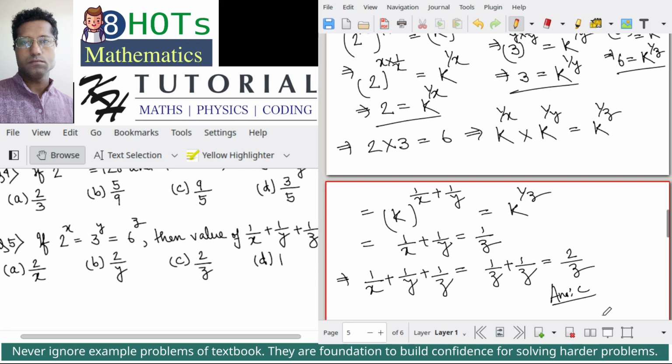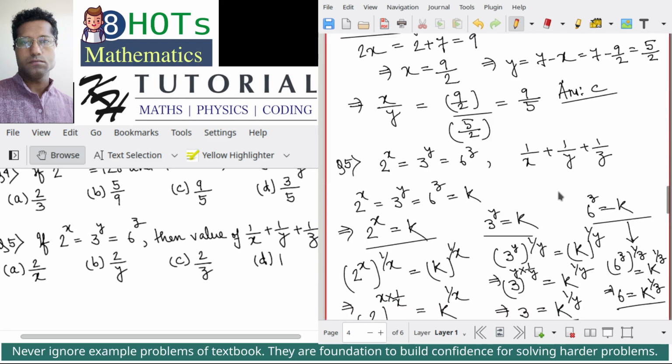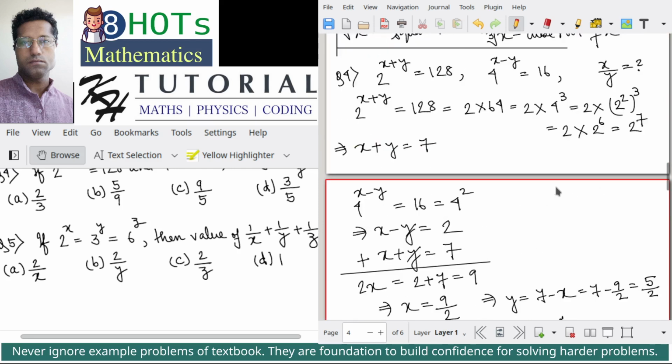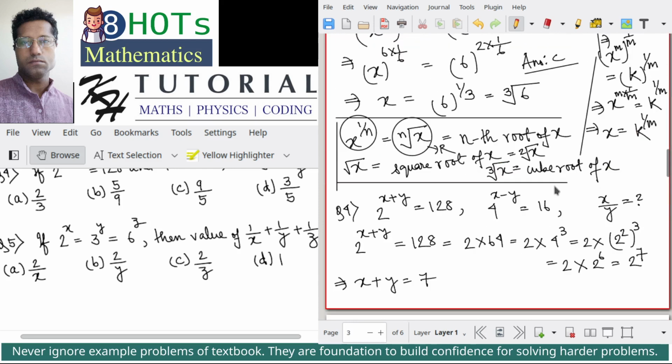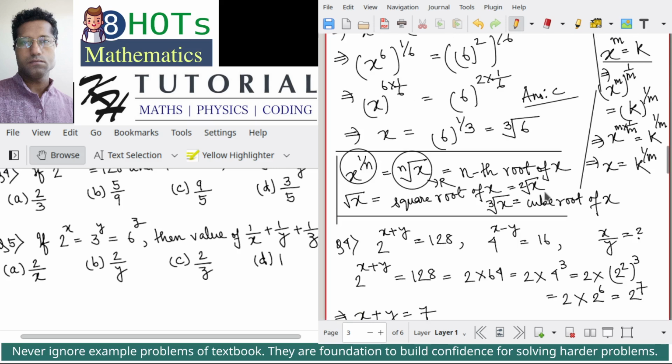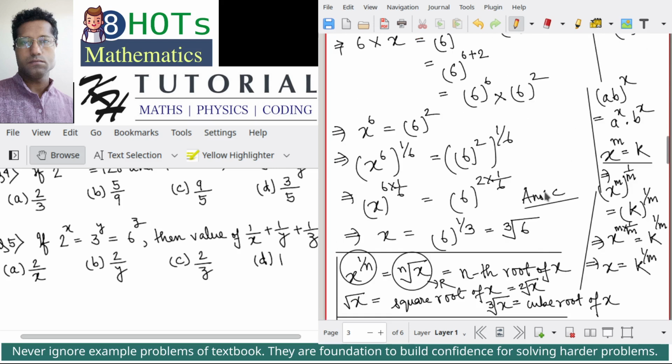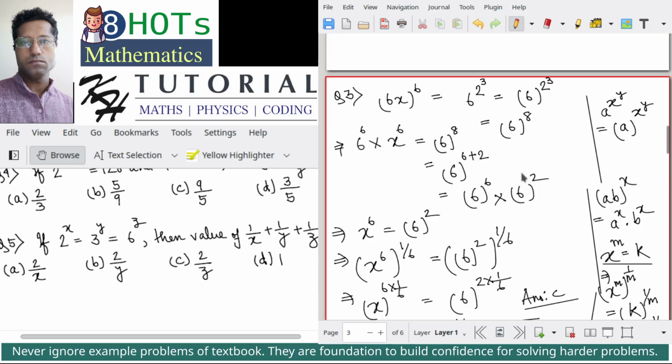Now you have to practice a lot of problems on exponents. These problems were based on exponential equations, which is a very important concept that you must be very strong at. It will be required in your higher classes and definitely heavily used when you will be in class 11 and 12. So I recommend that you be very strong in exponents.